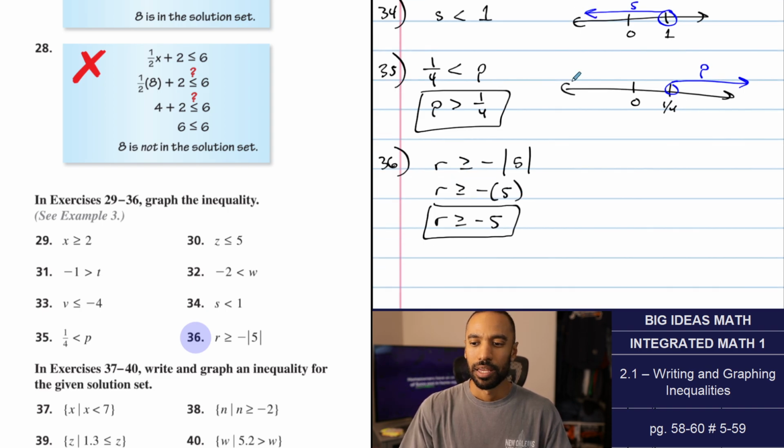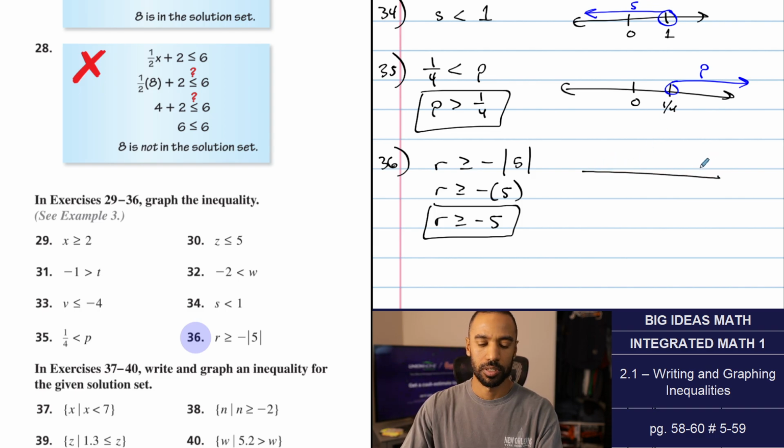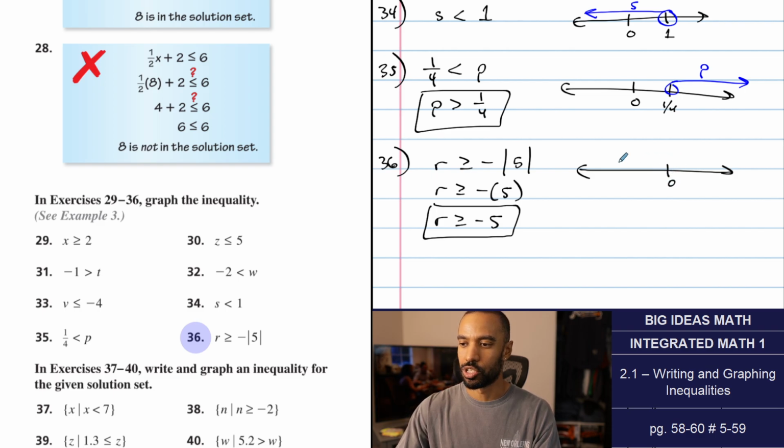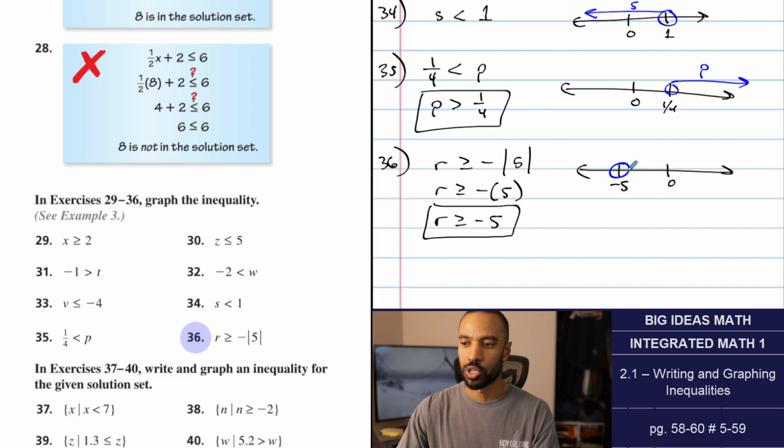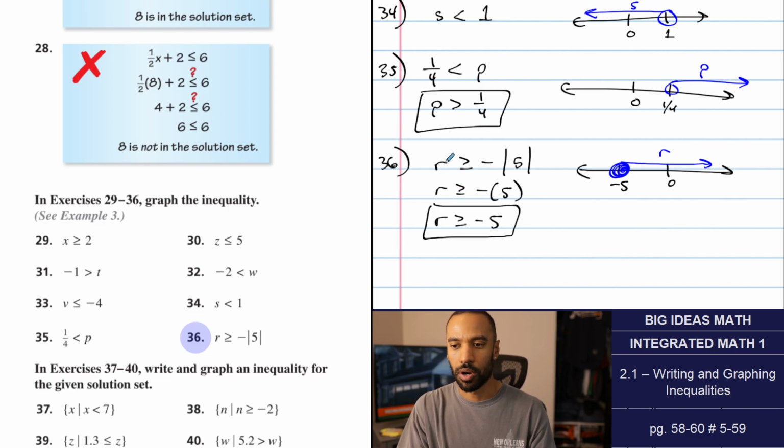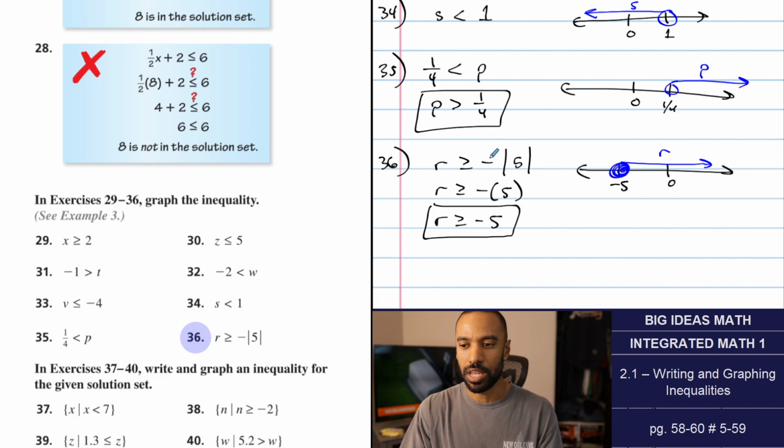So here we're saying here's 0, here's -5. All we had to do was simplify and we go on from there. Closed circle on the -5. Greater than is to the right as r compares to that number. Is 0 greater than or equal to the opposite of the distance from 5? Yes, it is. So there you have it.